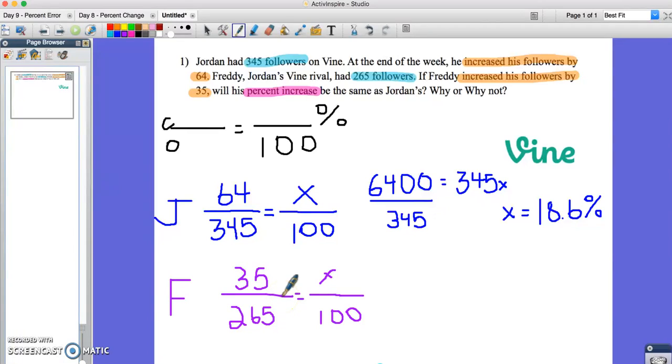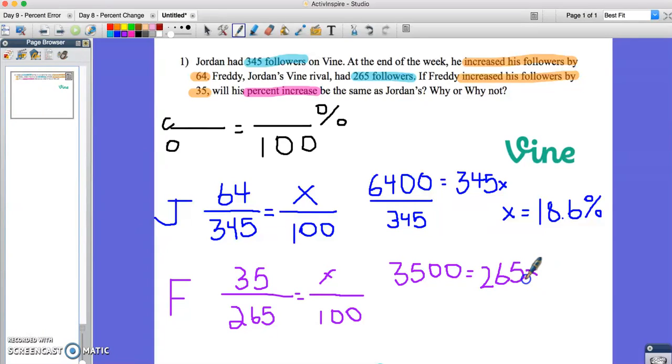When I cross multiply, I'm going to do 35 times 100, which is 3,500. And then 265x.